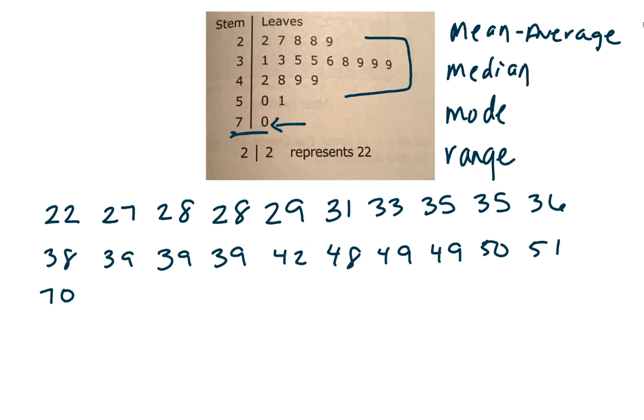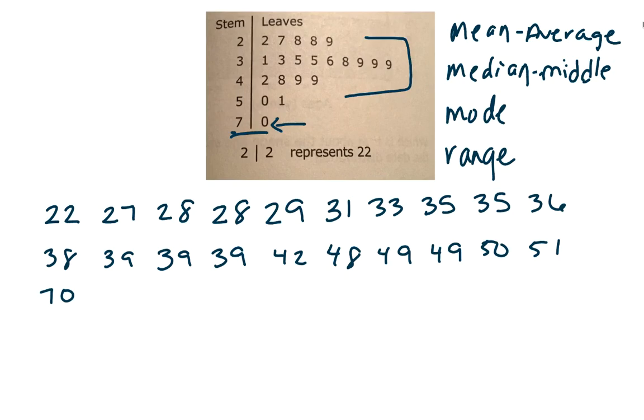And the median is whatever number is in the middle. So that is, let me write that a little bit better. Whatever number is in the middle of the data. Okay. So the way we do that, we organize the data numerically from the least to the greatest number.